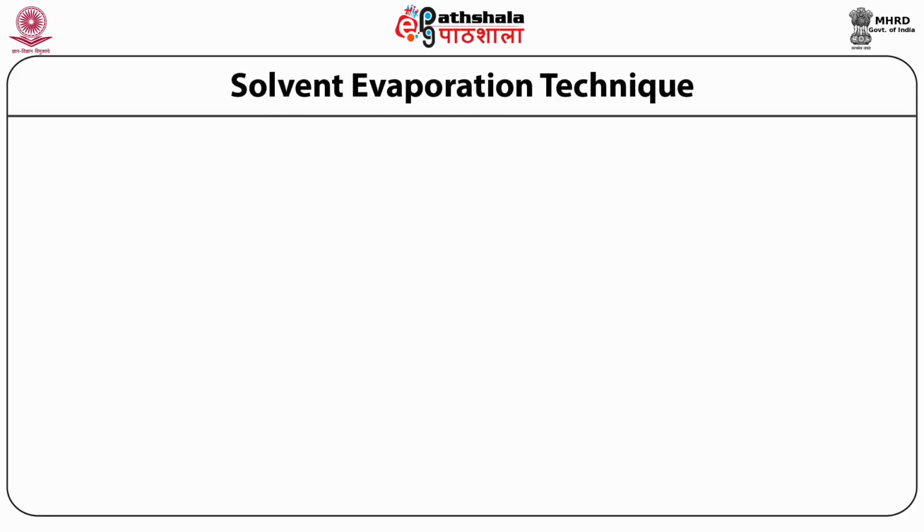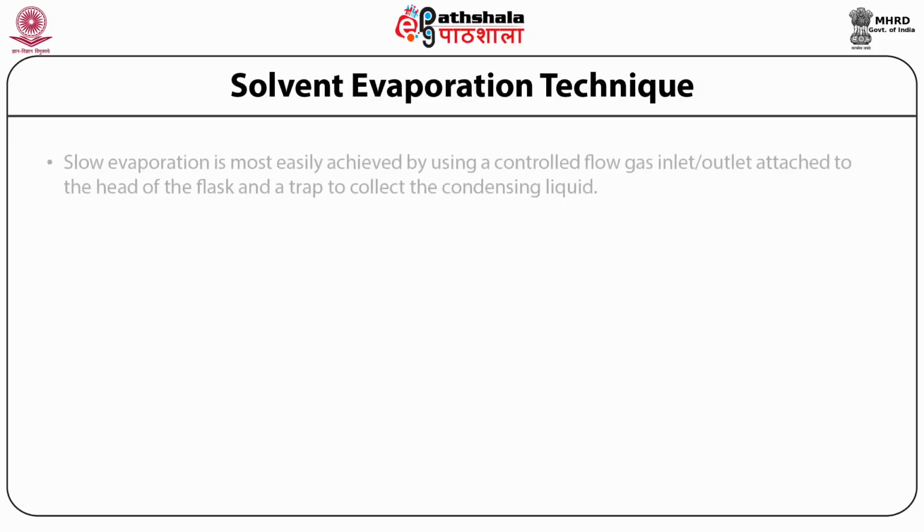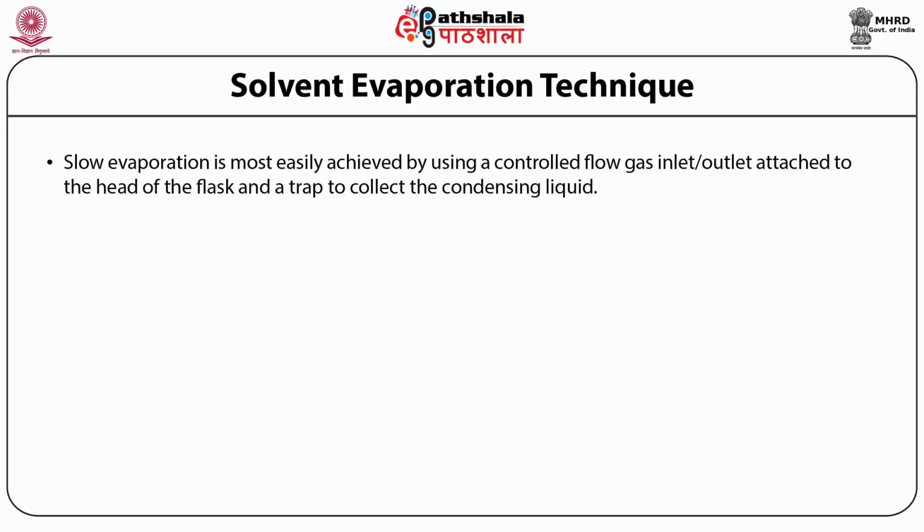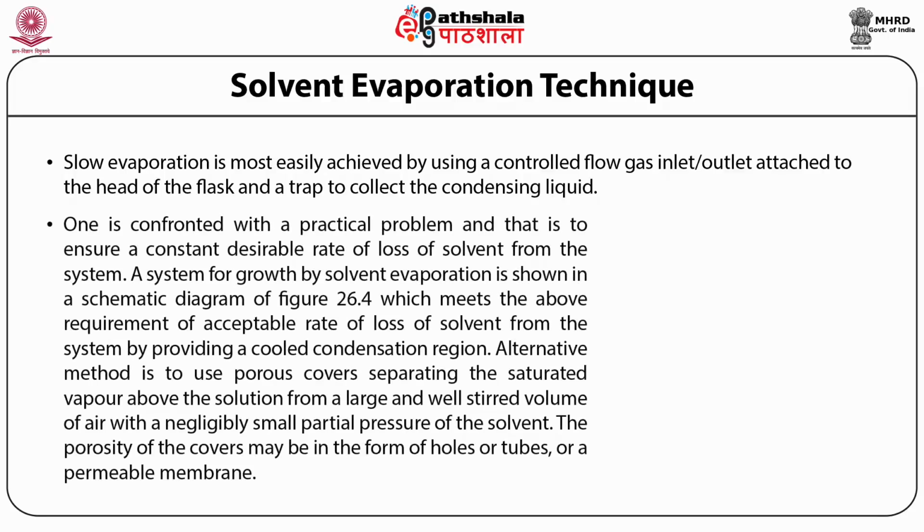We shall describe the solvent evaporation technique. Slow evaporation is most easily achieved by using a controlled flow gas inlet and oblique outlet attached to the head of the flask, and a trap to collect the condensing liquid. One is confronted with a practical problem, and that is to ensure a constant desirable rate of loss of solvent from the system.